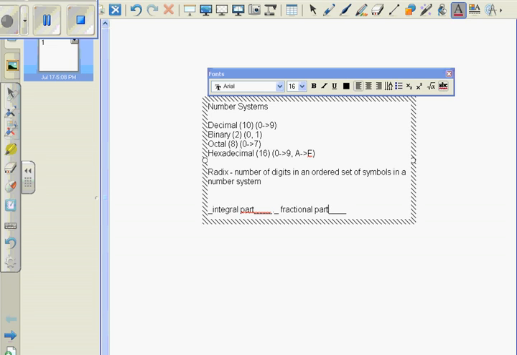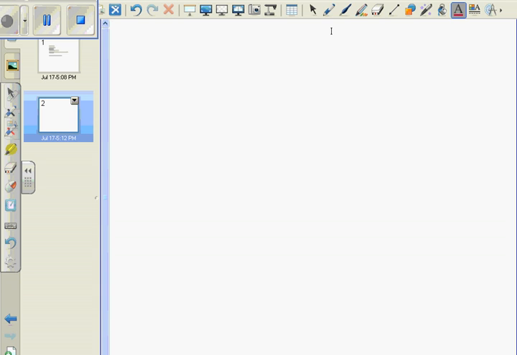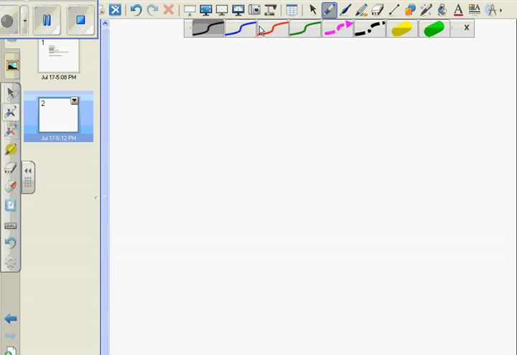Well, let's start with the decimal number system, which we are all familiar with. I'm going to create a new page here and try out this pen. So let's look at what the different places around the radix point represent.